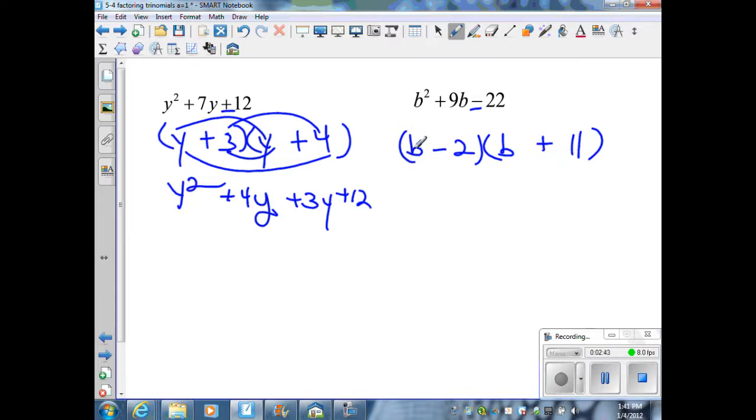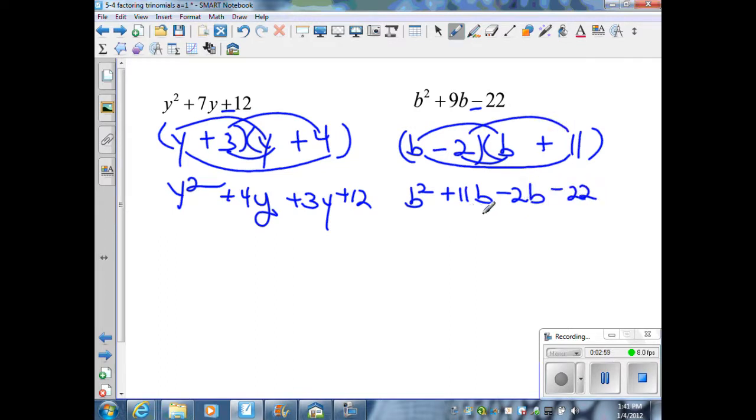So when I check by using the FOIL method, b times b is b squared. Outer gives me a positive 11b. Inner, minus 2b. And last, minus 22. When I simplify, that's going to get me b squared plus 9b minus 22. If it turned out that this got me a negative 9b, I would just simply switch the signs.